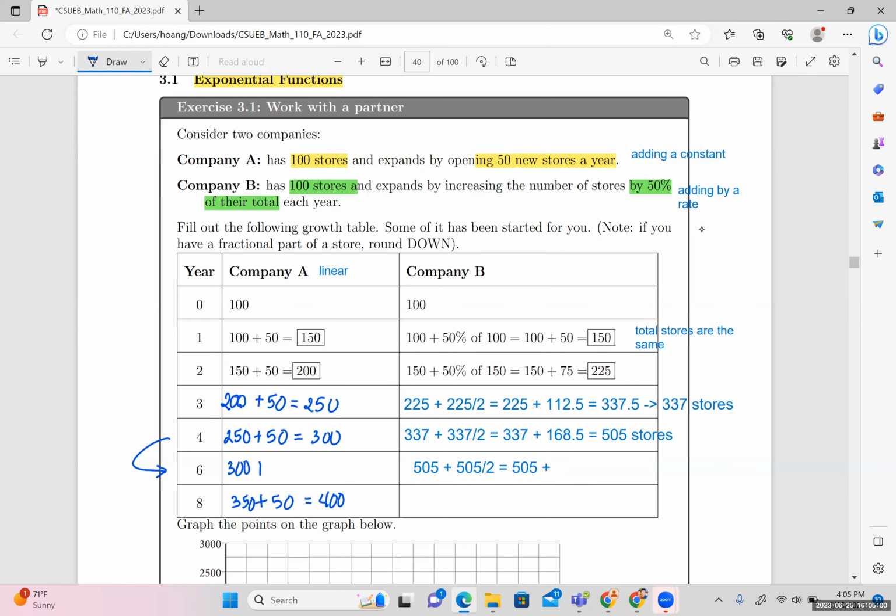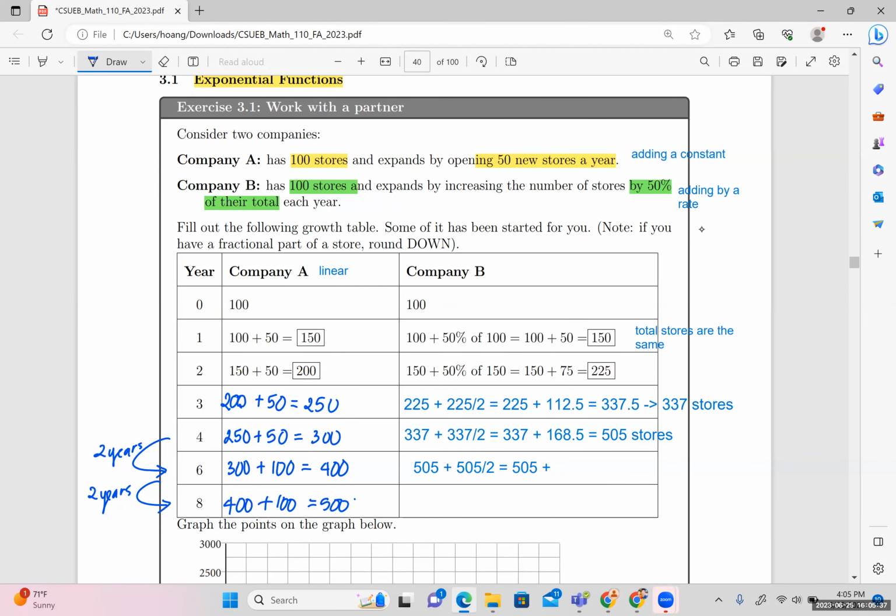So I have to have 300 adding 100, gonna be 400, and then it is 400. Two years after that, gonna be 500 here.